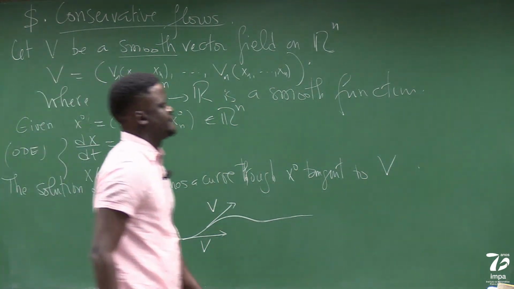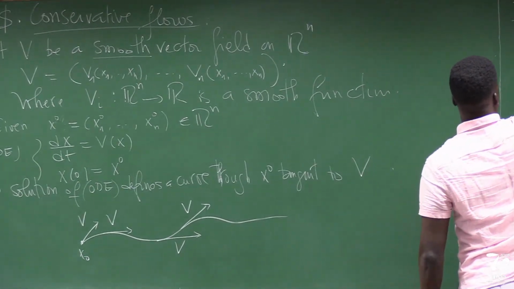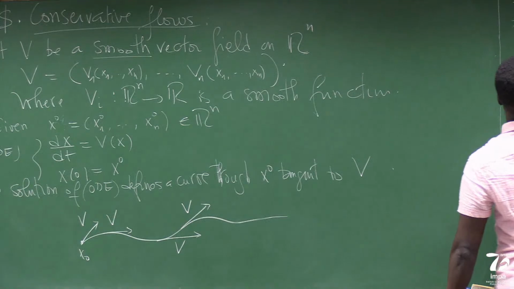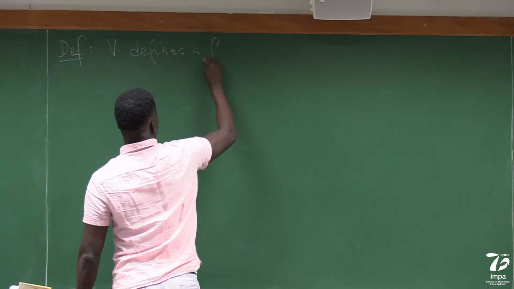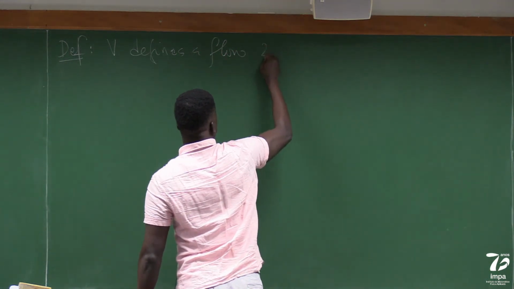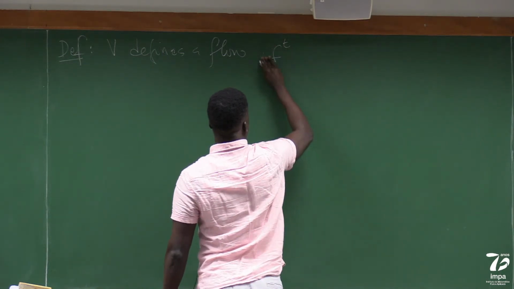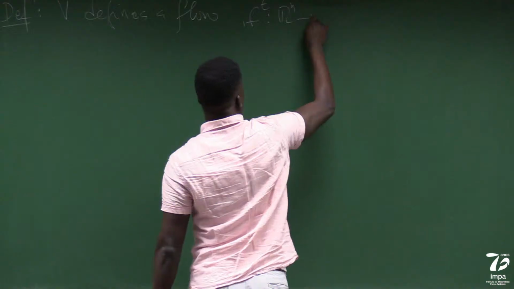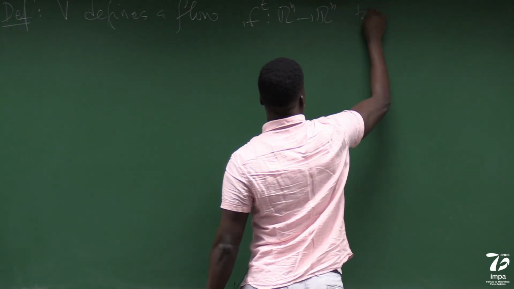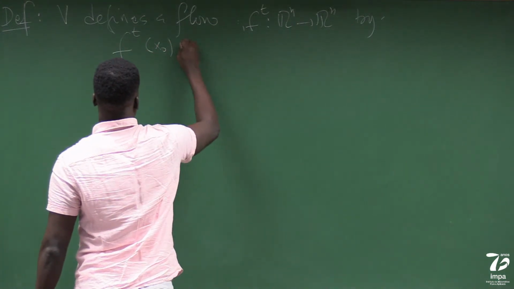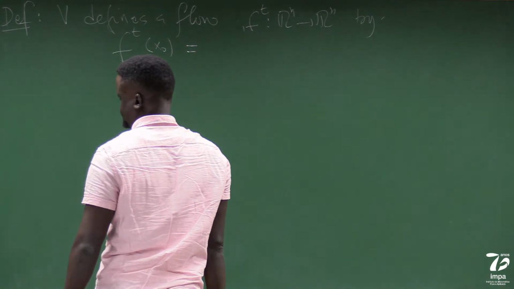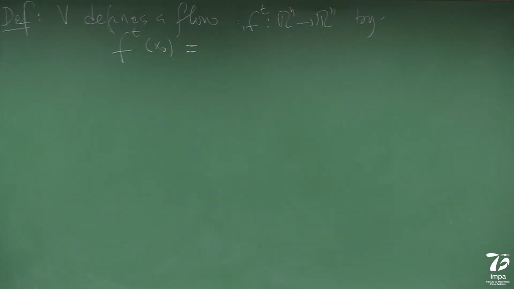So we say V defines a flow Ft by Ft of x naught equals the solution of the ODE.